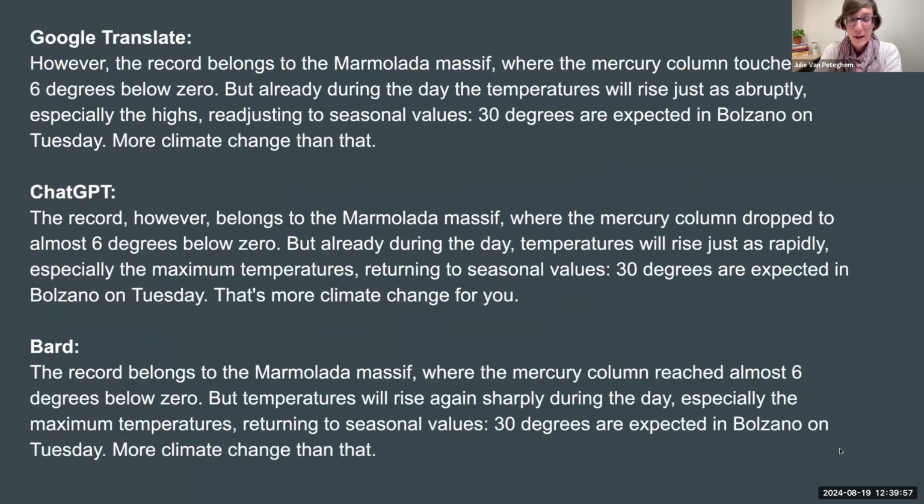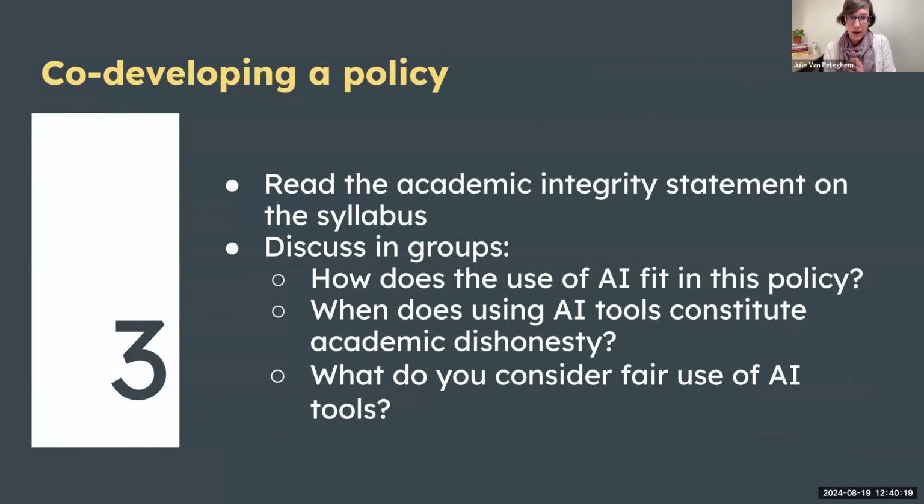But then we got to the important part, and then we, with this knowledge about how these tools work, how can we develop a policy together? We looked at the academic integrity statement on the syllabus, which I'll show quickly in the next slide, and then you see the questions. How does the use of AI fit in here?